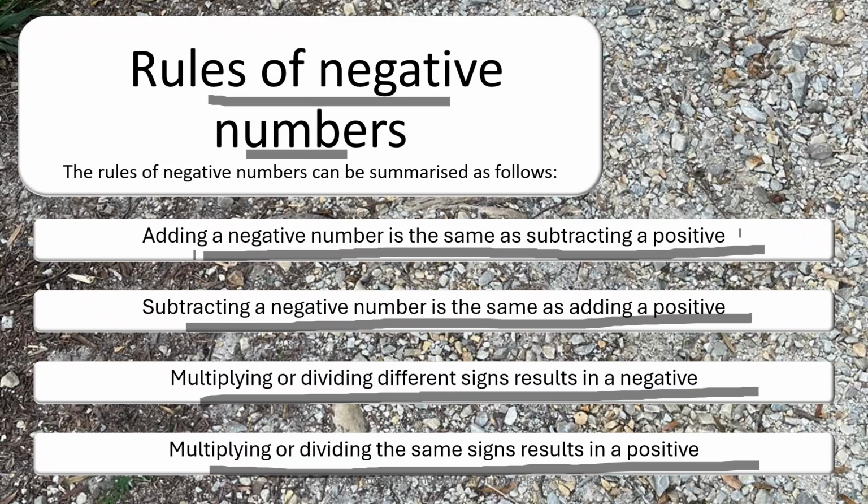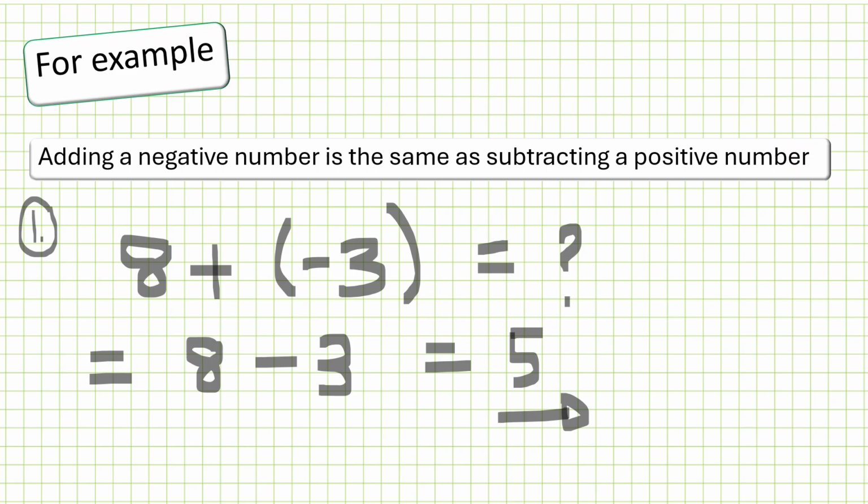So let's have a look at a few examples. Example 1, adding a negative number is the same as subtracting a positive number. 8 plus minus 3 is the same as saying 8 minus 3, because adding a negative number results in a negative. 8 plus minus 3 is equal to 8 minus 3 is equal to 5.